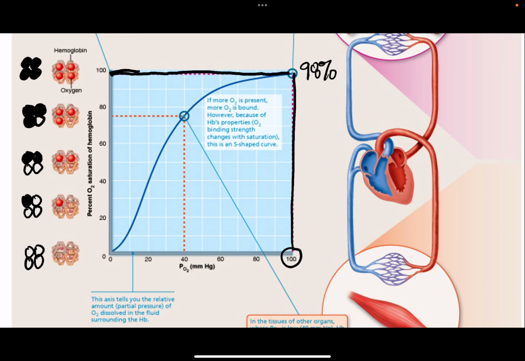And then we said in our tissues at rest, our PO2 is 40, which means that we have to make up this much difference in the capillary bed. We have to get from 40 to 100.